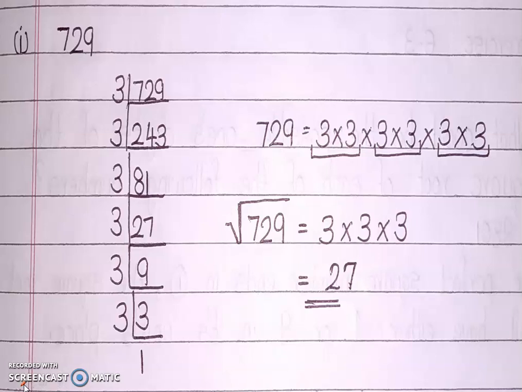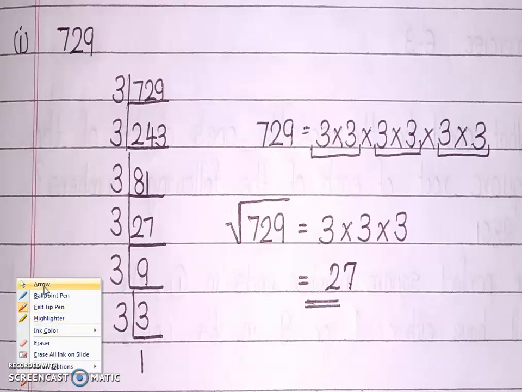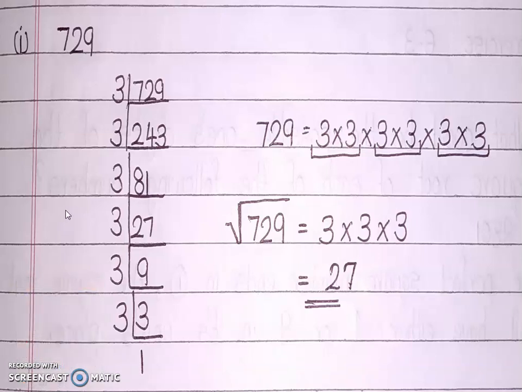Your first number is 729. The first step is prime factorize the number. Now, let us revise what are the rules regarding prime factorization. In prime factorization method, as its name indicates, only prime numbers are allowed.